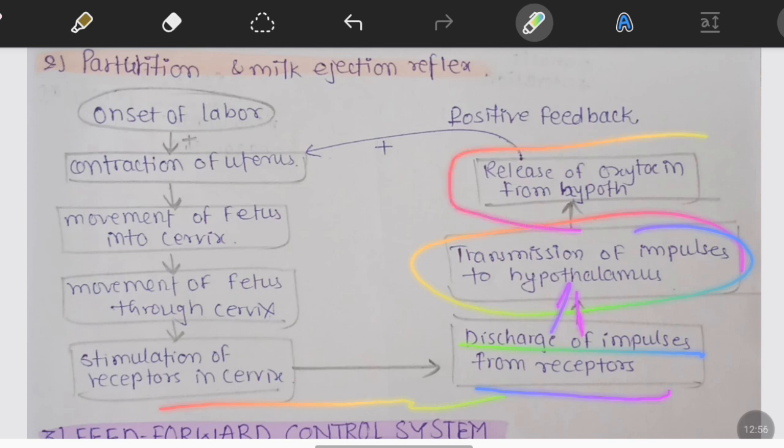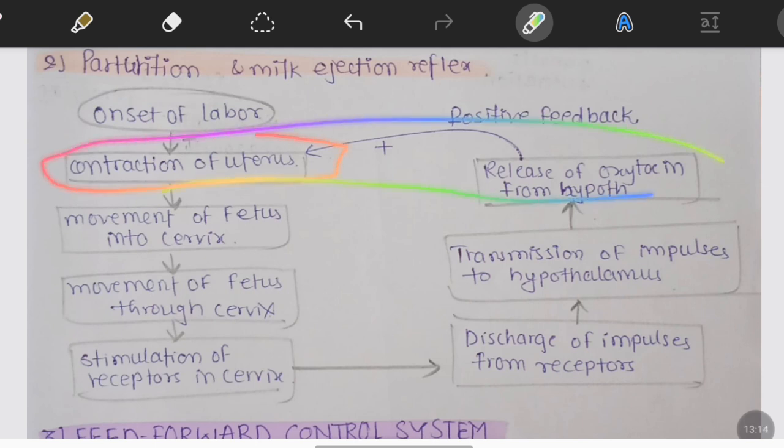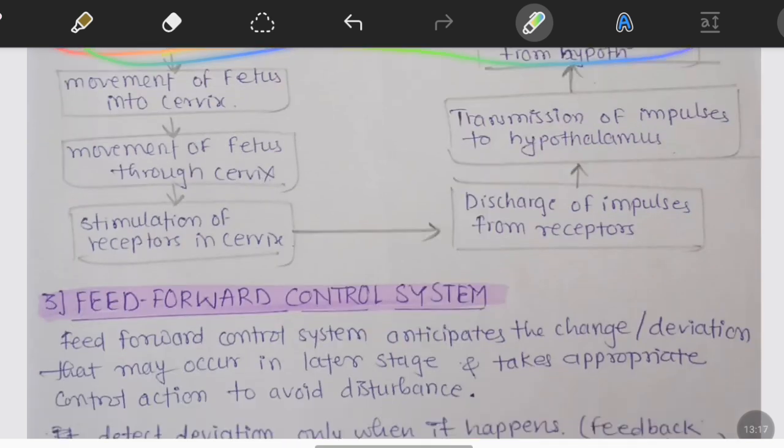Then the hypothalamus releases the oxytocin hormone, which gives positive feedback on the contraction of the uterus. It accelerates the parturition, and it is an example of the positive feedback mechanism.